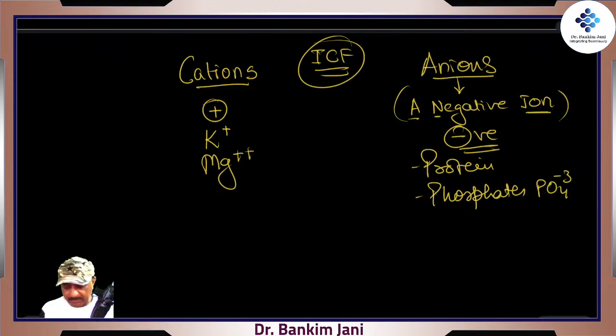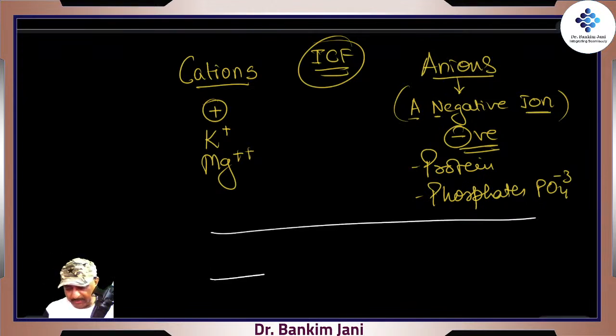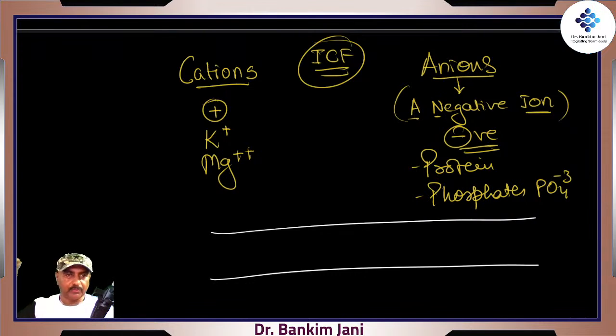The concept is that whatever the number of anions there are, make a total of it, and whatever the number of cations there are, make a total of it. They both should be equal, right? That is what is called the macroscopic electroneutrality. This is just a name, but the principle is very simple. Everything should be electrically neutral, right?